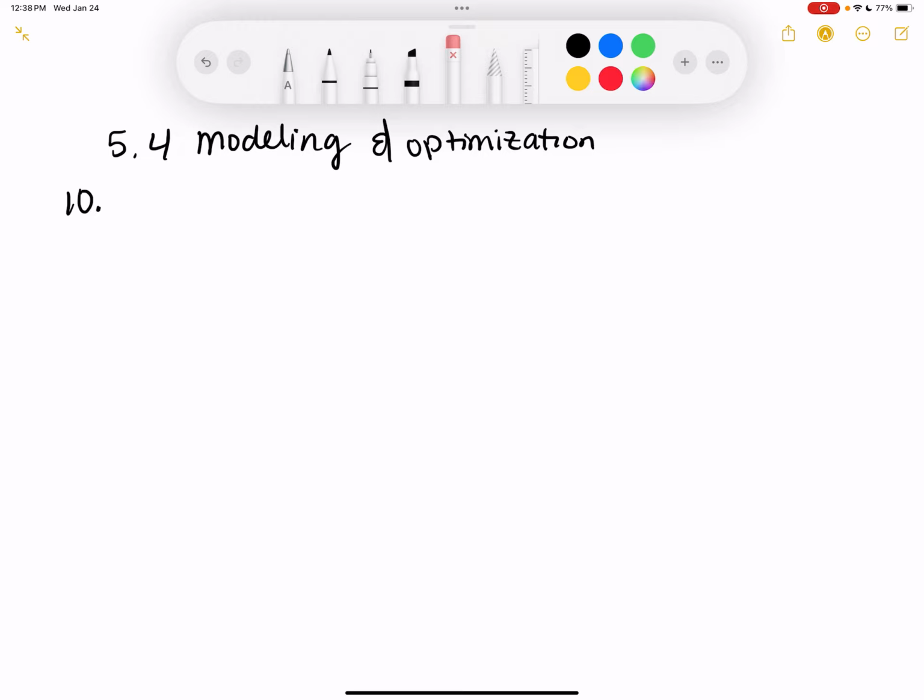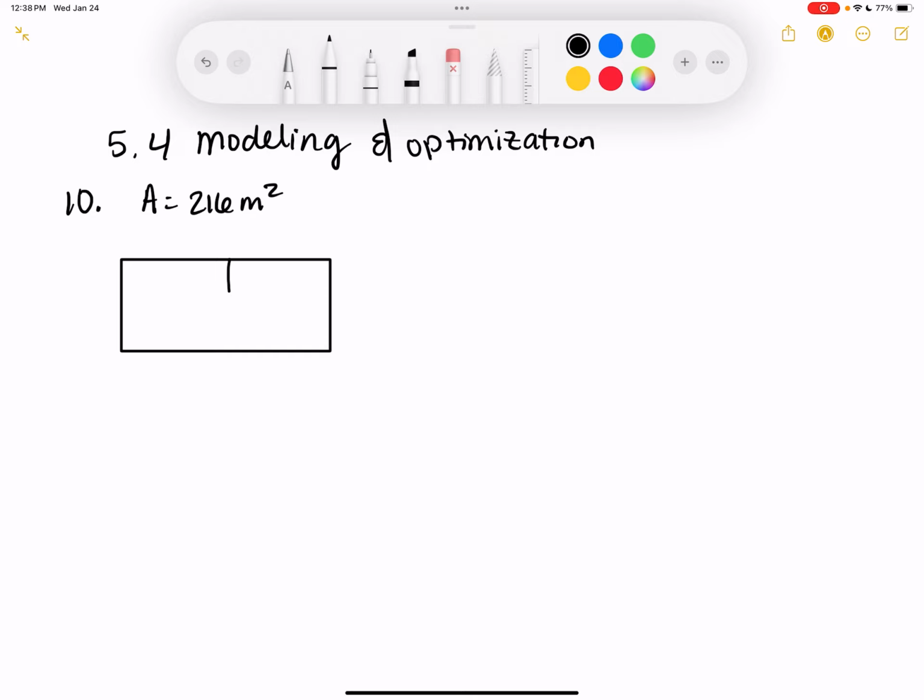So we have an area, 216 meters squared. And then we have this lovely patch here with another fence down the middle because we said parallel going the other direction would not make sense or be wise because that would be even more fence.